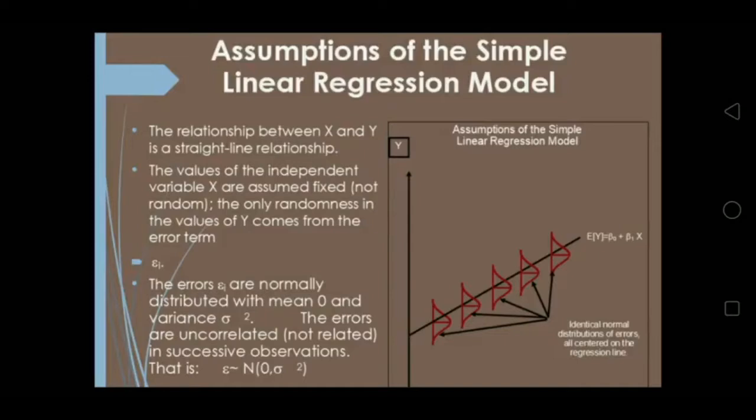The only randomness in the value of y comes from the error term, where the errors are normally distributed with mean 0 and variance. The errors are uncorrelated, or not correlated, in successive observations. That is, like the formula below, and you can see the graphic on the slide.